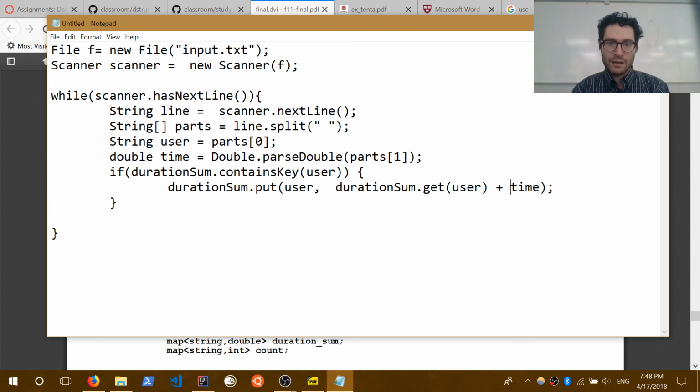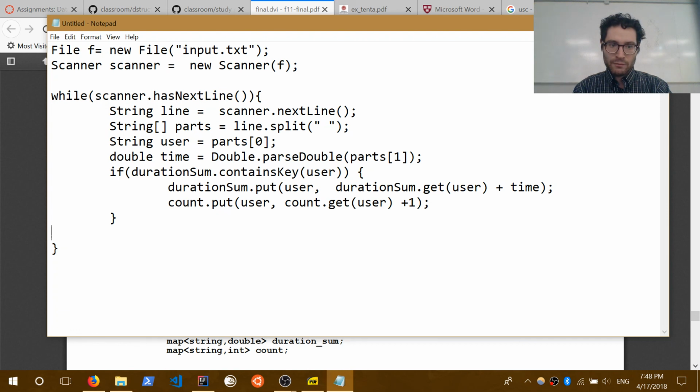And then, if they exist in the durationSum, I've already seen him, so I can do the same thing for the number of times I've seen them. count.put(user, count.get(user) plus 1). So I've seen him an additional time, in other words, right?